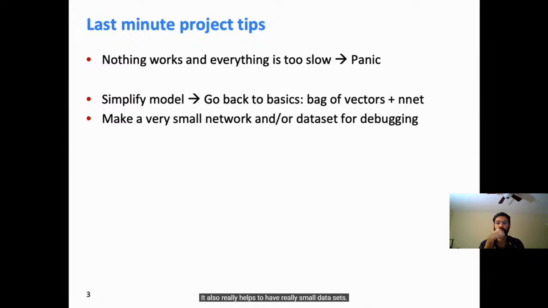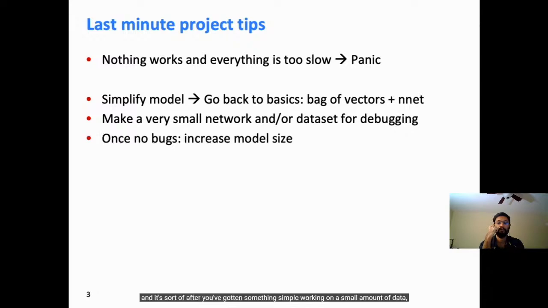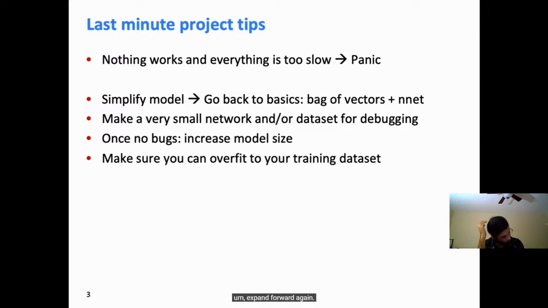It also really helps to have really small data sets. I really recommend the strategy of having a 10-item or 20-item data set and checking that your model works perfectly, overtrains to 100% accuracy on that kind of data set. It saves you huge amounts of time. After you've gotten something simple working on a small amount of data, that's the right time to expand forward again.